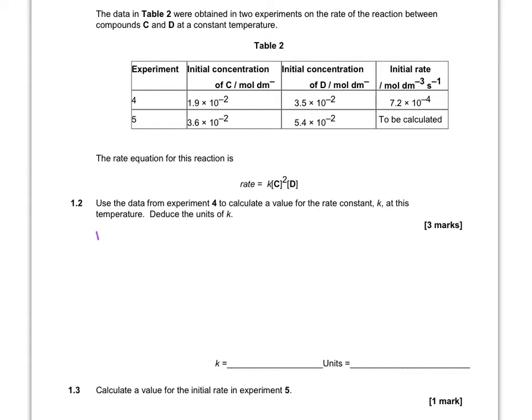Right, so we know that rate is equal to k times the concentration of C squared times the concentration of D. Therefore, k is going to be equal to the rate divided by the concentration of C squared times the concentration of D. And you get 1 mark for correctly showing that equation.